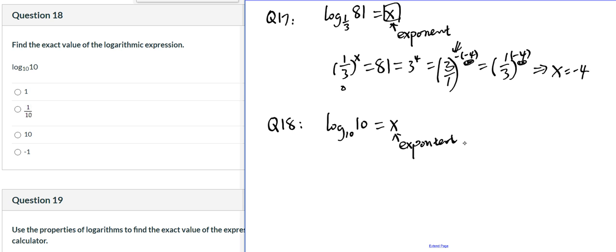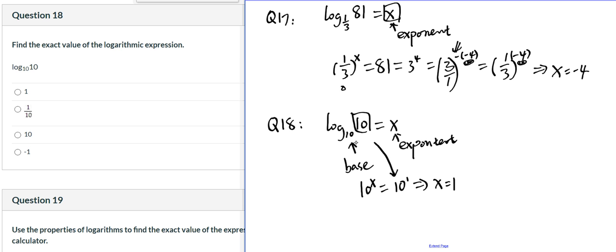Exponent of this base. So that's 10 to the x equals this 10 right here. There is a 1 on the shoulder. It tells us x is 1.